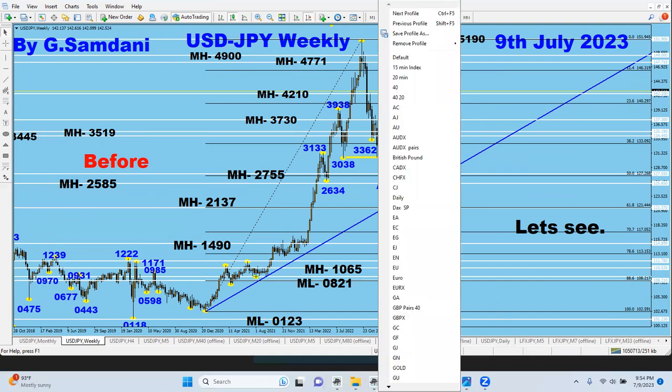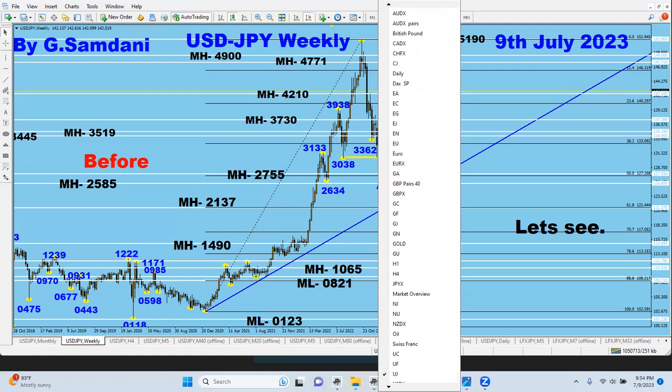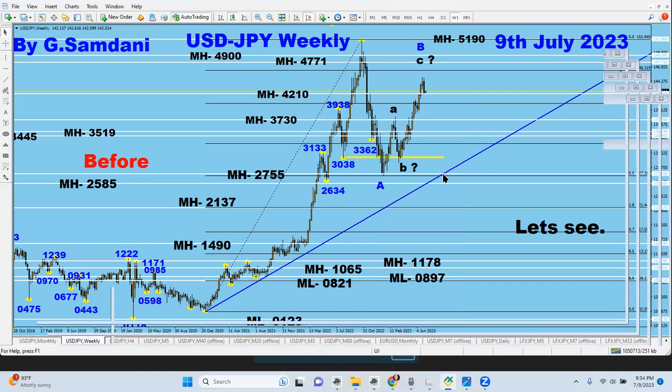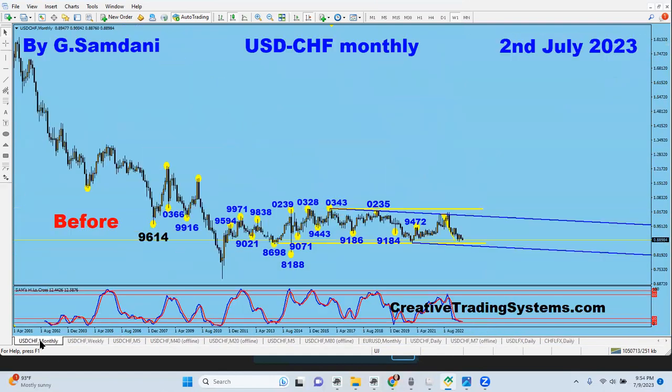And USD franc, frankly, I don't like it, USD franc. But let's take a look. I made the chart, the monthly chart actually. The weekly chart is all messed up. So the monthly chart was like this.